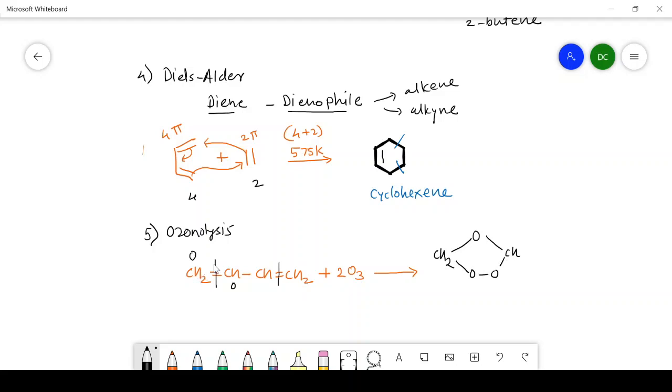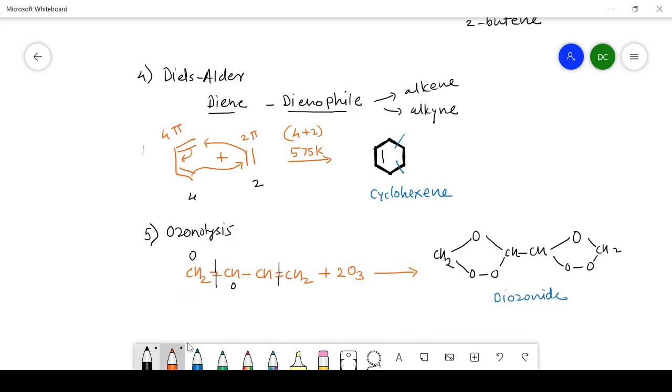So for one double bond, we have to write 3 oxygens. That is, O3 is going to add with this double bond, and once again the same reaction happens here, and we get this type of diozonide. This is the diozonide structure.